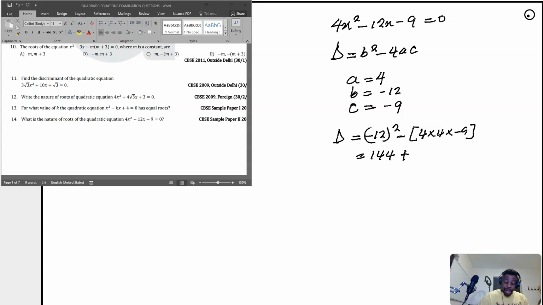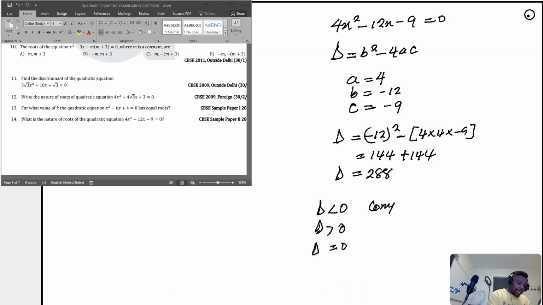I'm going to use my calculator. 16 times 9, that is 144. So this is 144. And 144 times 2, that is 288. So in this case, our D is 288. Remember, for the nature of roots, either D is less than 0, or D is greater than 0, or D is equal to 0. For D less than 0, the roots are said to be complex roots.